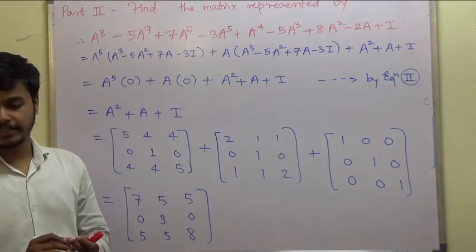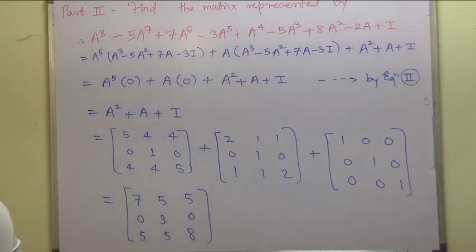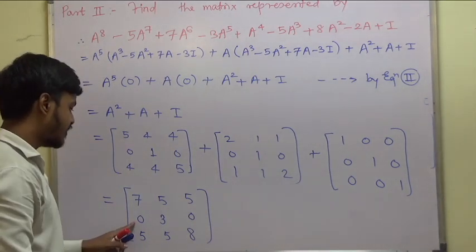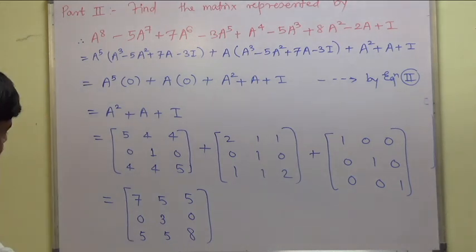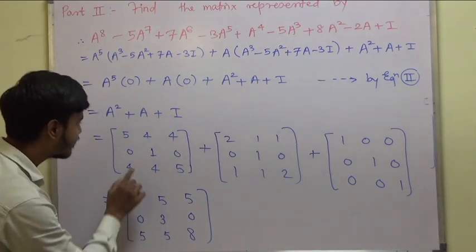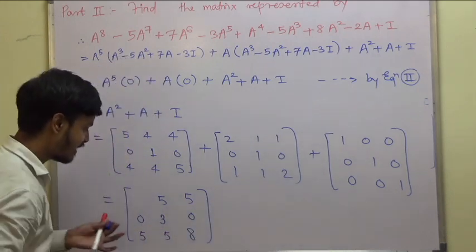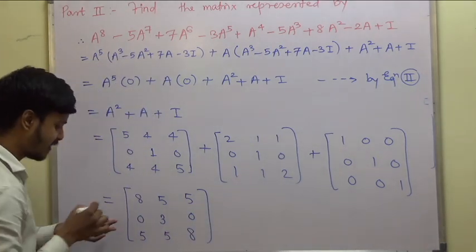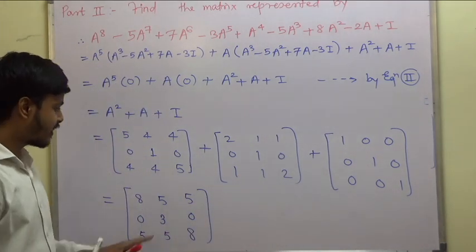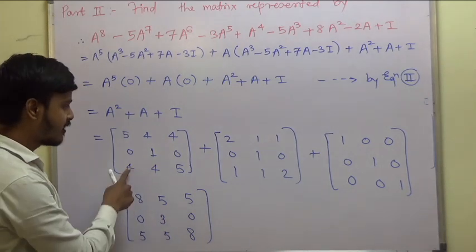I have written 7 earlier, but 5 plus 2 plus 1 is 8. So the result is 8 5 5, 0 3 0, 5 5 8.